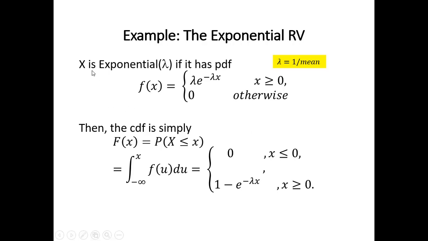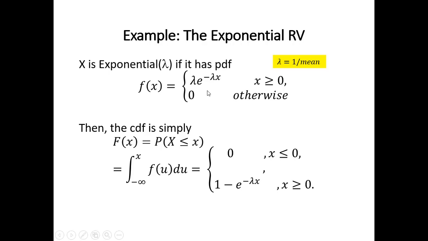So we'll say that x is exponential with parameter lambda if it has a PDF that looks like this. f of x is equal to lambda e to the minus lambda x. You're probably used to seeing this lambda as some sort of fraction, and then up here you get the same fraction.